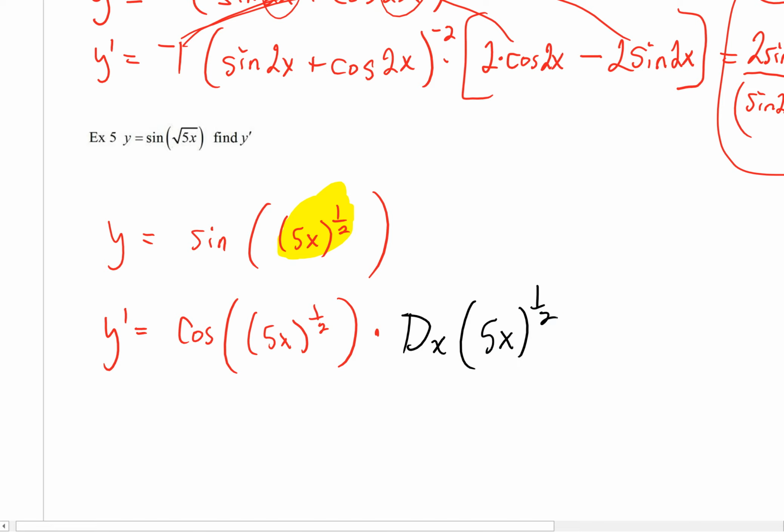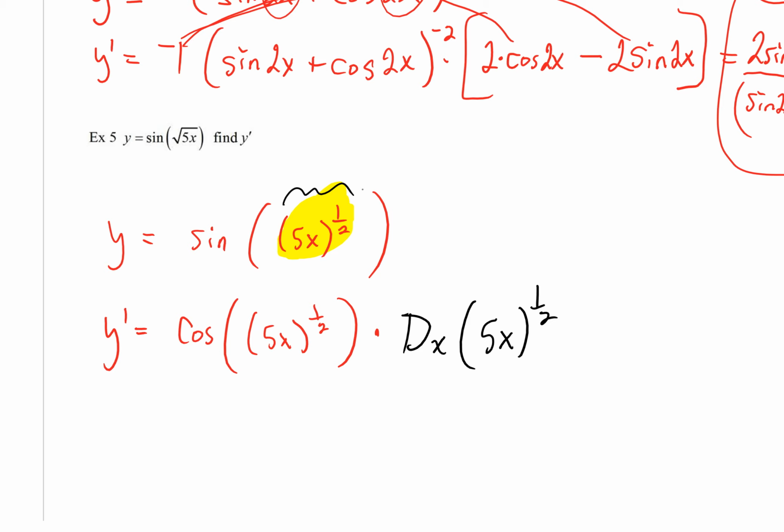You don't have to write it this way, but as you are reinforcing the chain rule, and especially when kids see it for the first time, I always want to really stress that this is like a chain rule within a chain rule. Inside of the sine function, it's not just the square root of x, it's the square root, but inside of the square root is the 5x.